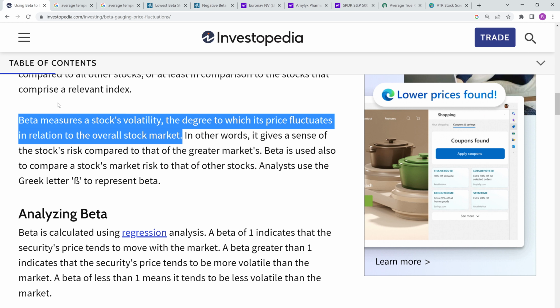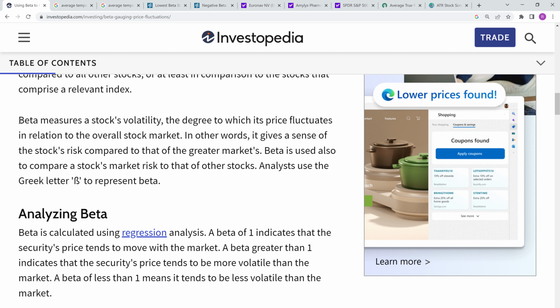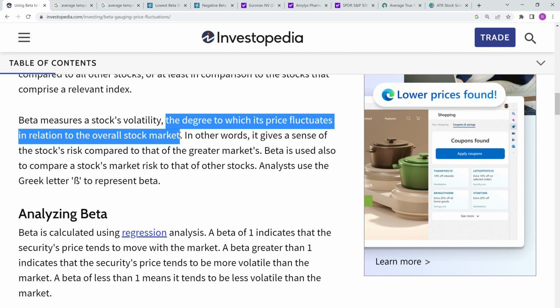And if you look at Investopedia, it says beta is a measure of a stock's volatility. That is very misleading. The second half of the sentence, the degree with which its price fluctuates with respect to the overall market, is correct, but saying it's a measure of the stock's volatility is very, very misleading.